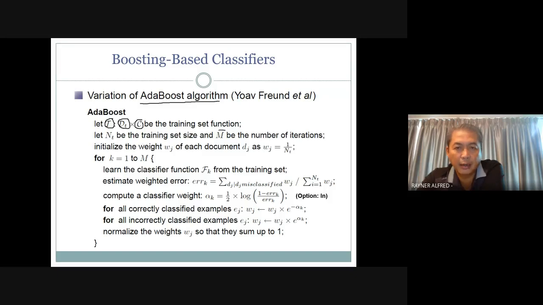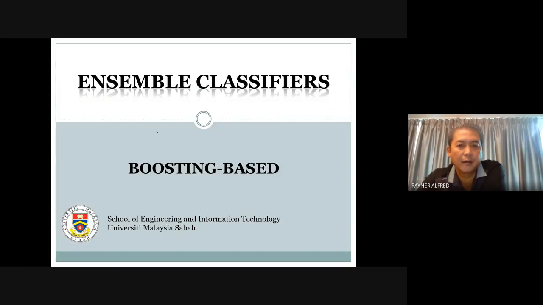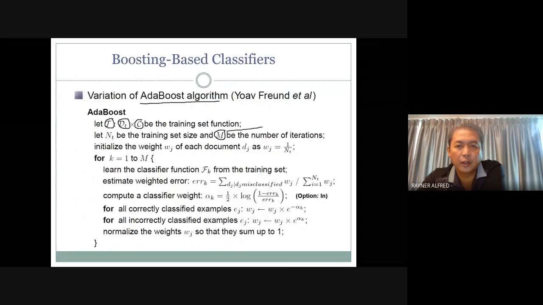So the M here is the number of models that you want to have. So in this example, your M is 3 because we have 3 models. If you want to do 5, then your M will be 5. The number of iterations here refers to the number of models also.